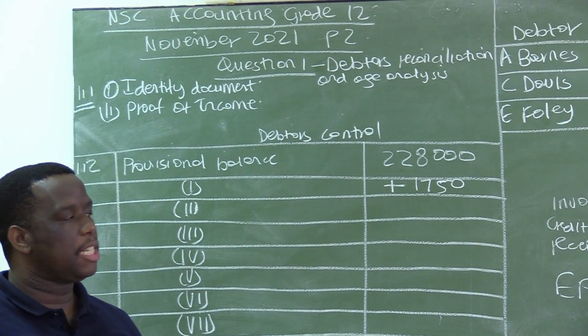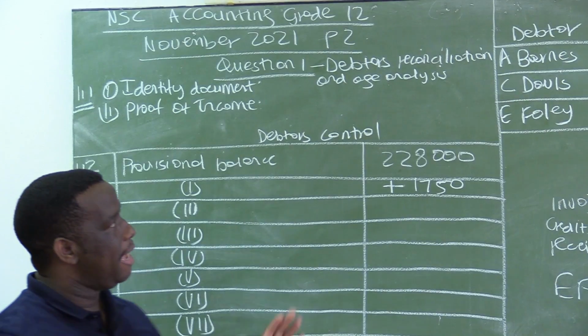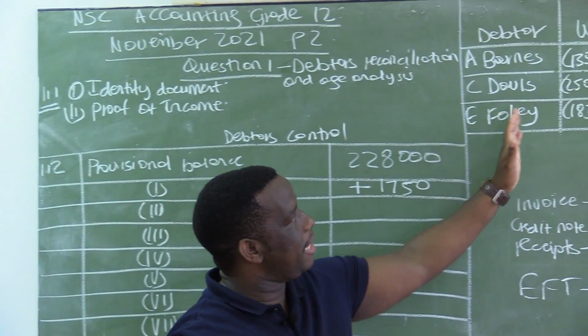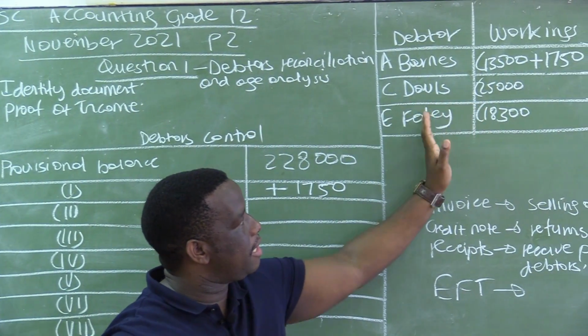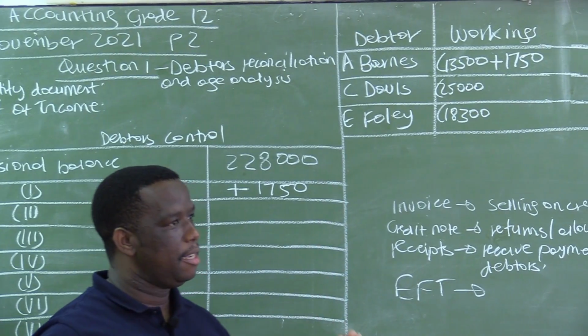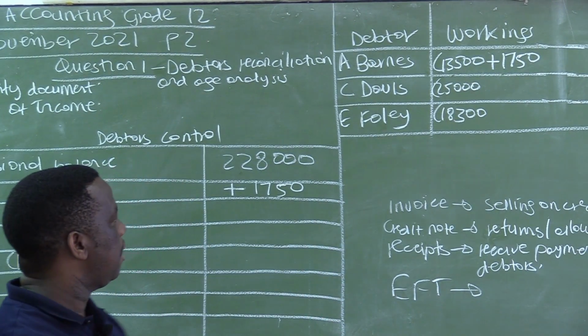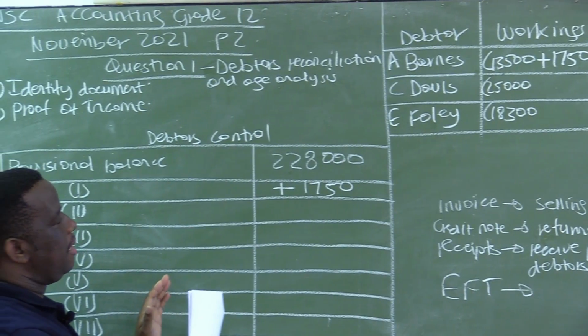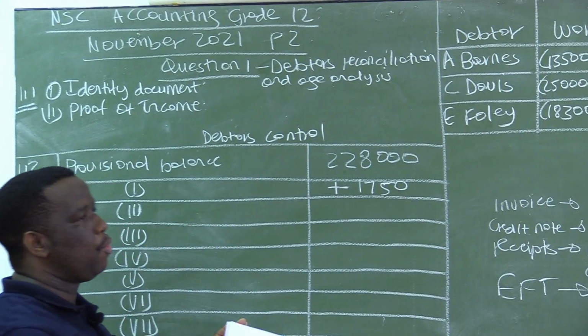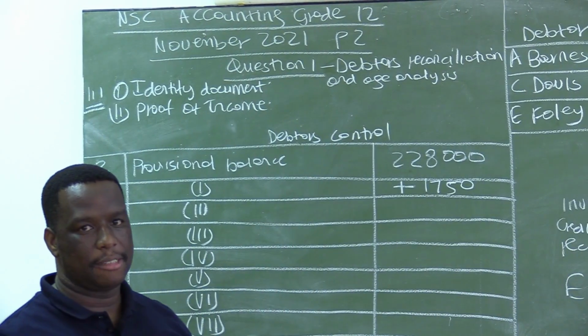The debtors list is coming from the debtors ledger. The debtors ledger deals with the personal accounts of debtors, and the general ledger has the debtors control account, which deals with all the debtors.